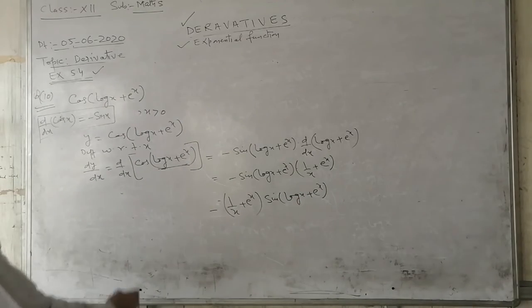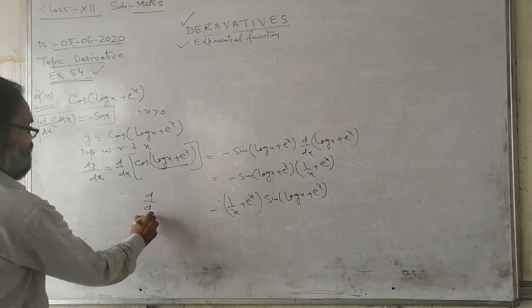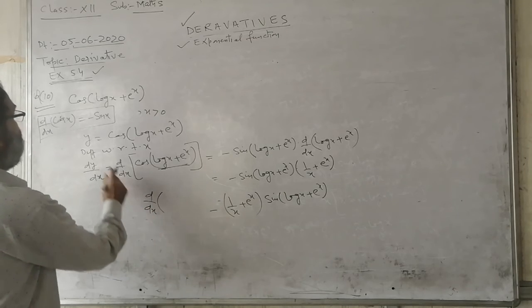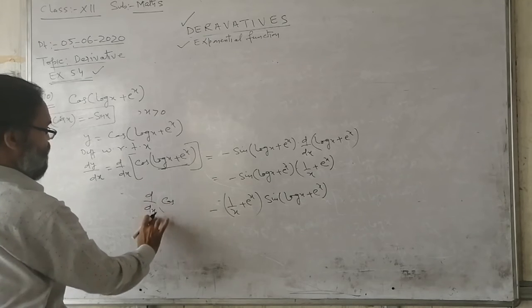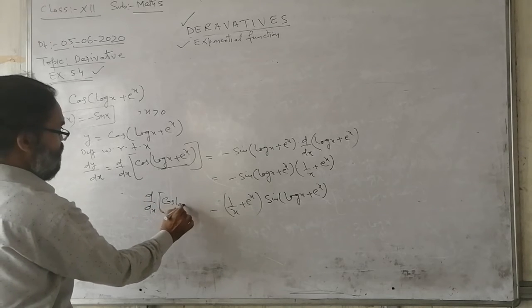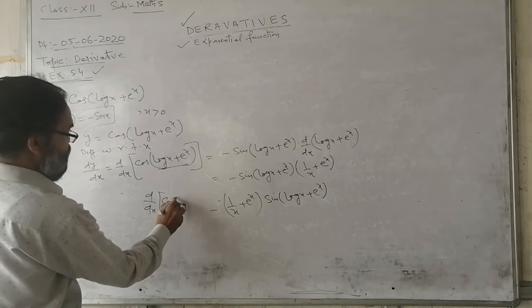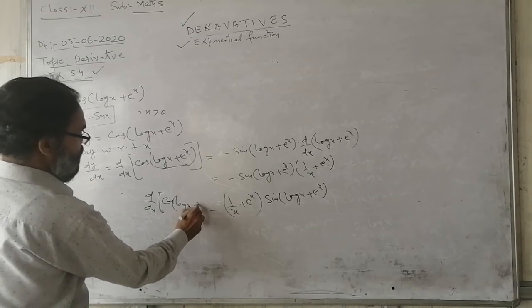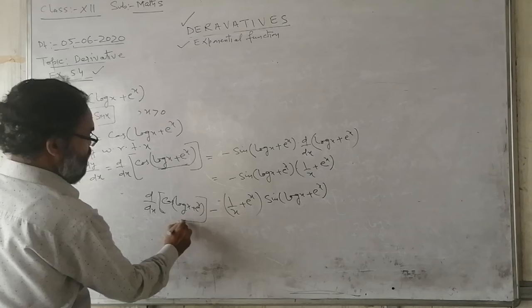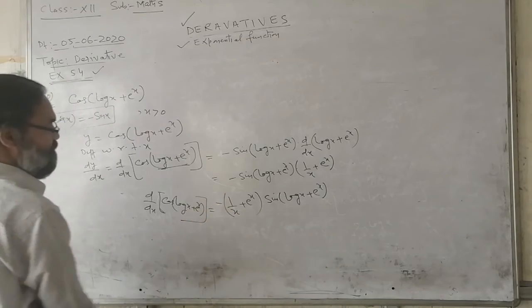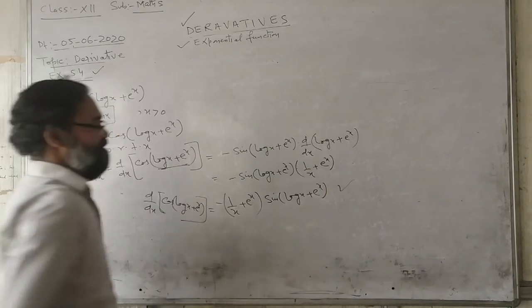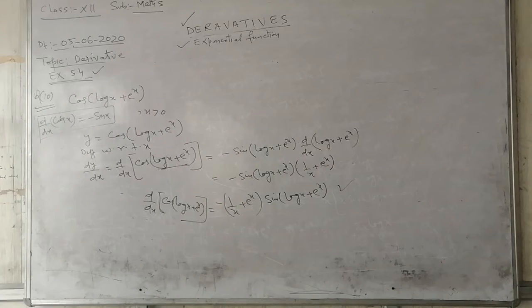So this is the derivative of the given function, that is cos of (log x + e^x). So this is minus times this. So this was the last question.